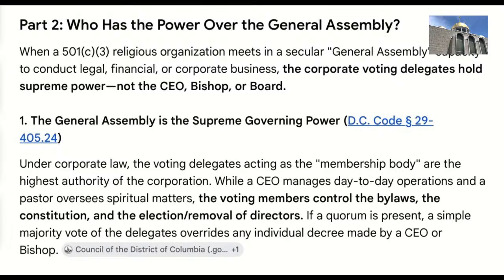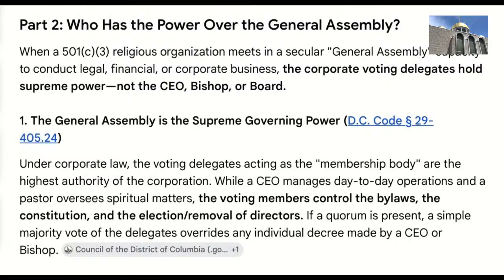When a 501(c)(3) religious organization meets in a secular General Assembly capacity to conduct legal, financial, or corporate business, the corporate voting delegates hold supreme power, not the CEO, not the bishop, and in the event that you have a board, the board does not even hold the power either. The delegates hold supreme power.